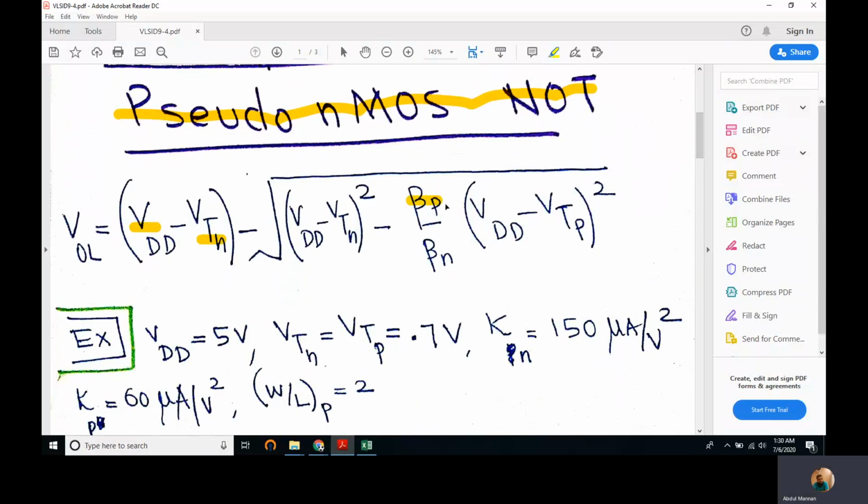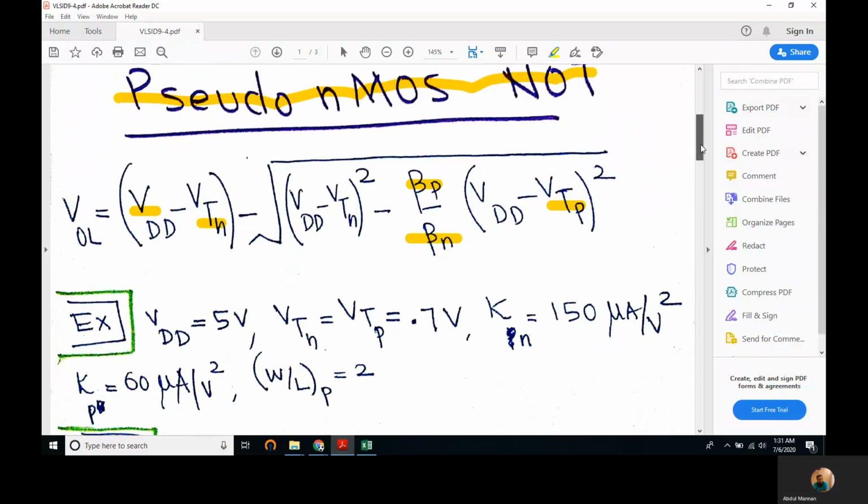This is beta P, the device transconductance for PMOS, and beta N, the device transconductance for nMOS. Beta P can further be written as kappa P times aspect ratio of P, and beta N can be written as kappa N times aspect ratio of N. And this is the threshold voltage for PMOS.